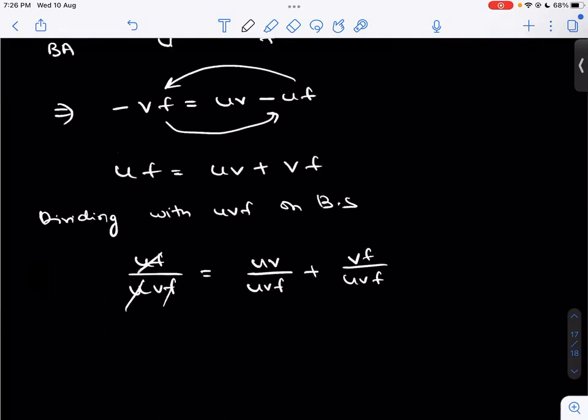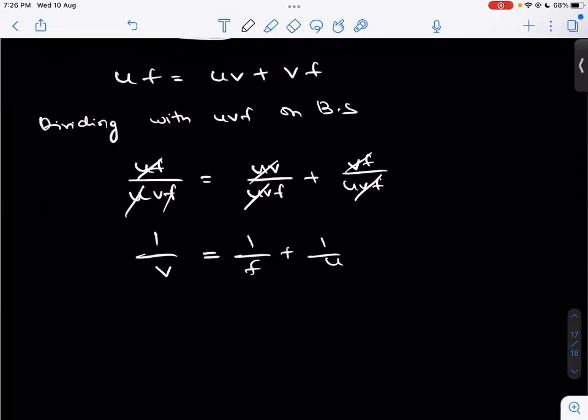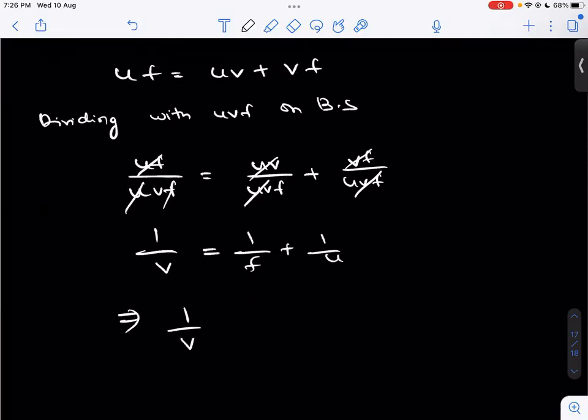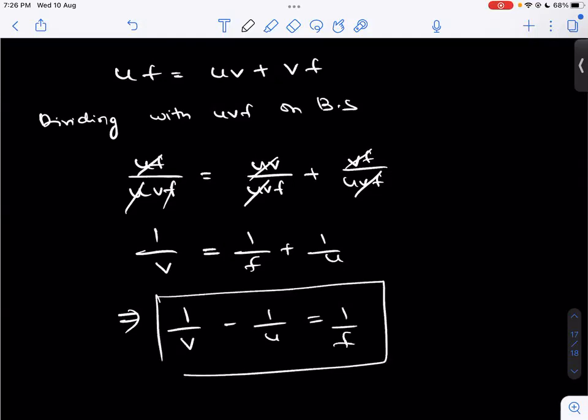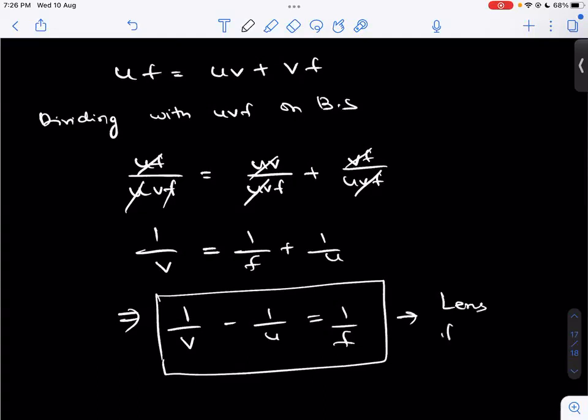So uf and uf get cancelled, and 1 by v is left out. It is equal to, uv and uv get cancelled, 1 by f is left out, plus vf and vf get cancelled, which is 1 by u. Which implies 1 by v minus 1 by u is equal to 1 by f. And this is what is called the lens formula.